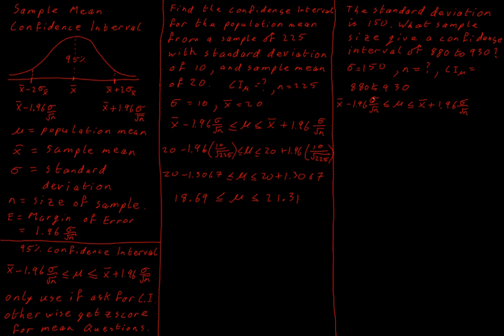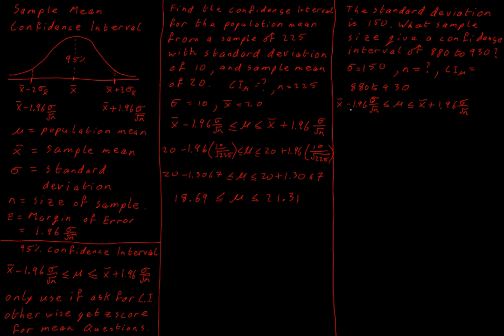Now, we aren't told the mean in this case, but there is an easy way for us to figure out what the mean must be, because these are the boundaries of our confidence interval. We know that the confidence interval comes from adding and subtracting the same thing to the mean. This is one of the advantages of writing this out as one extra step, because it highlights that to us as we're going through the questions.